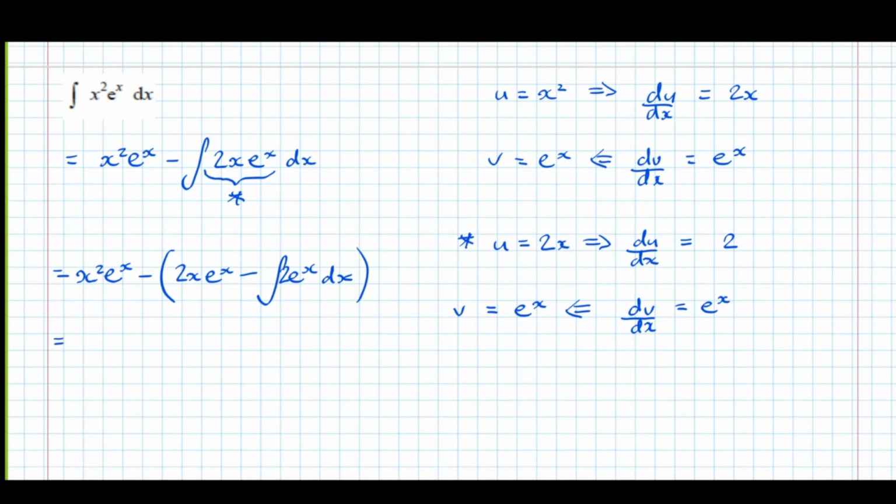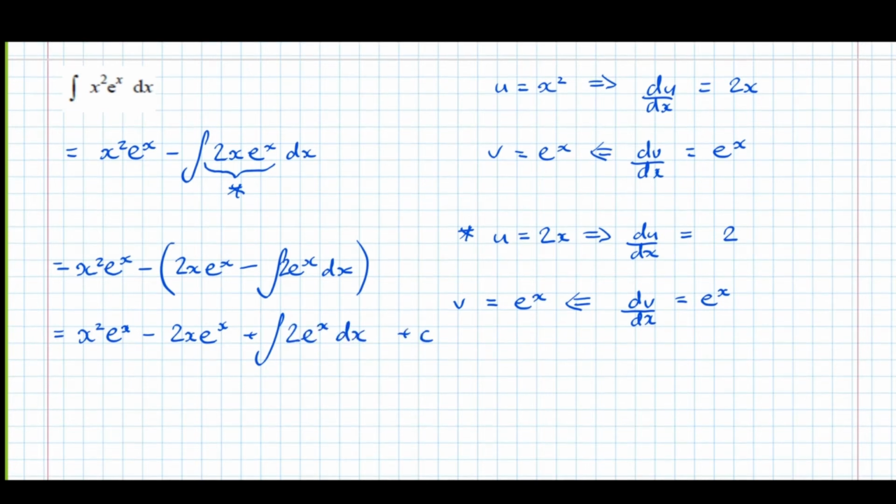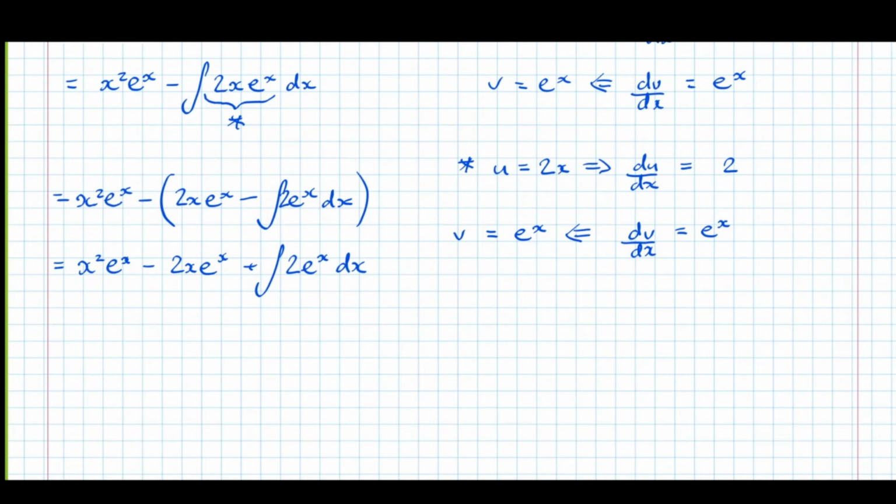Equals, let's tidy it up a little bit before I do any more. x squared e to the x, take 2x e to the x, take the integral of 2e to the x dx plus c. I'll leave the plus c for later because I haven't done the final integral yet. What I've written there wasn't wrong, but best leave it for the next step.